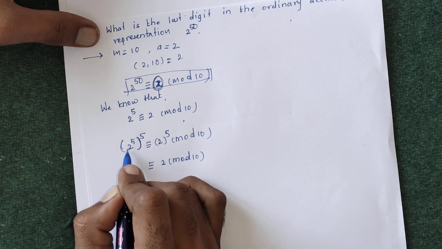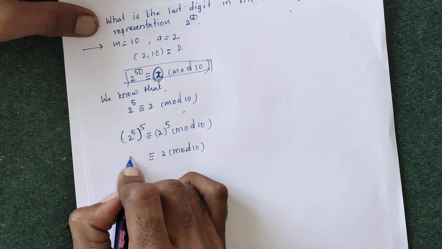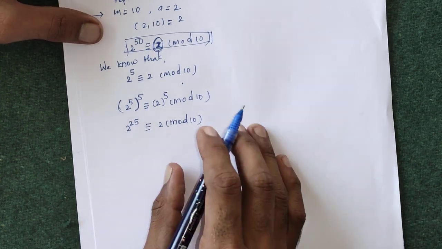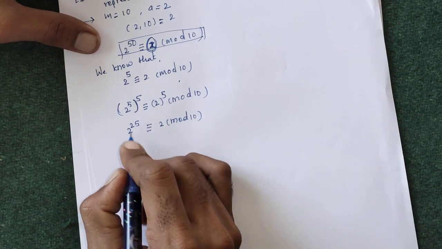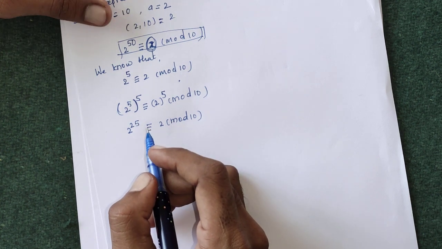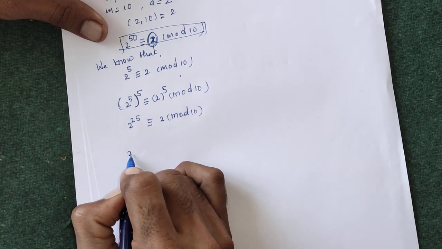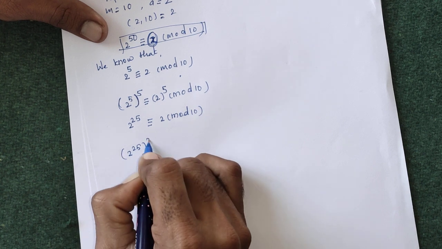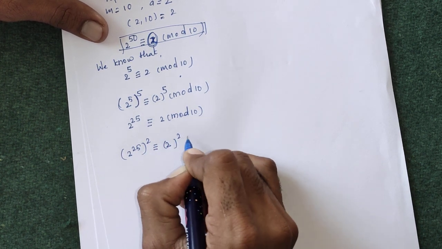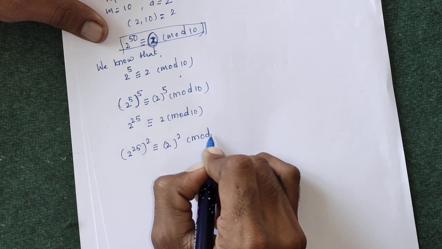So we get 2 raised to 5 fives are 25. So 2 raised to 25 is congruent to 2 modulo 10, and after this step we can get 2 raised to 50 by increasing the power of both sides by 2. So 2 raised to 25 to the power 2 is congruent to, again we have to increase the power of this 2 by 2 under modulo 10.